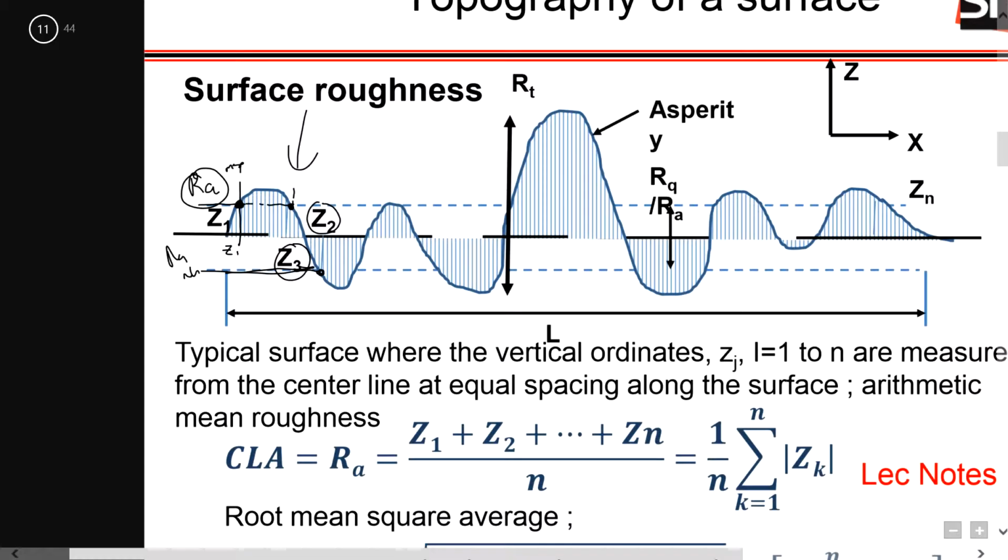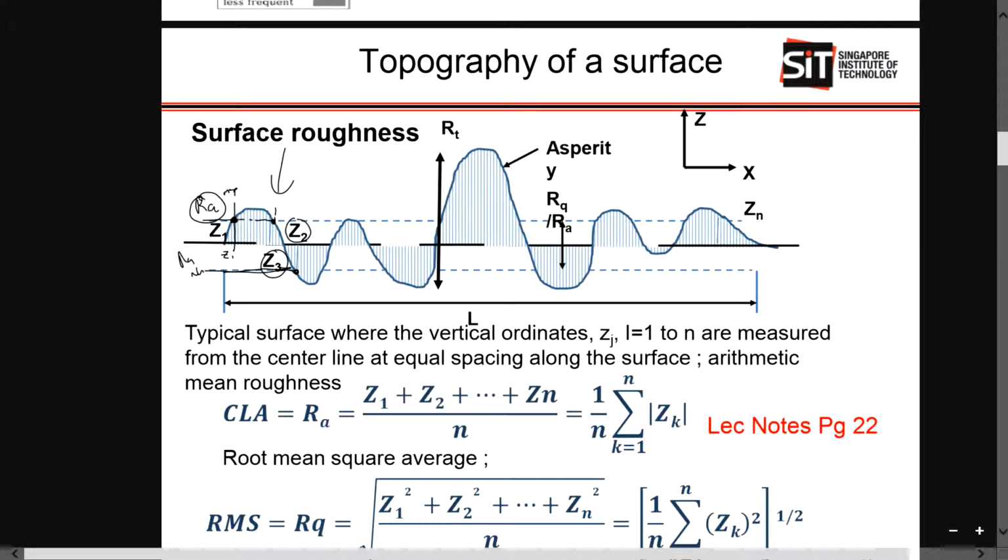But nonetheless, since we know the Z1, Z2, Z3 already, where it intersects with the Ra, then we sum up all the Z1, Z2, Z3, Z4, everything, divided by the number of Z's. So this point where it intersects is Z4.